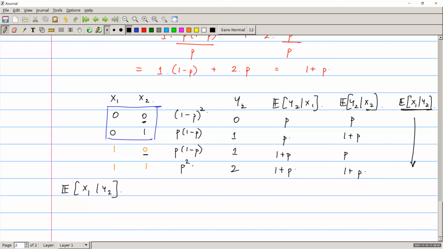We are going to write the values here. When we say expectation of x1 given y2, it's not a number. It's a mapping from every point in the universe to numbers. So it's like saying fill up this table for me, so you need to give me all these four values one by one.